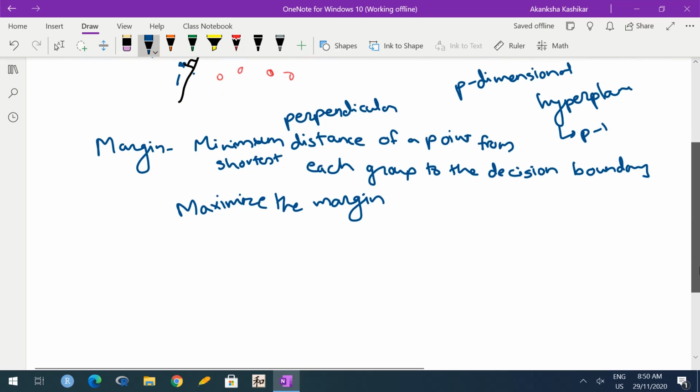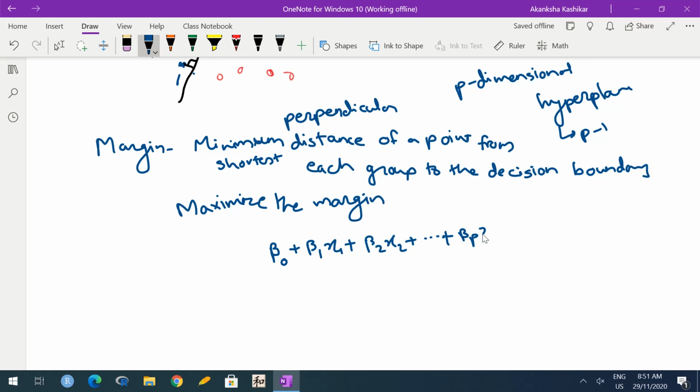Now let us try to formulate this problem mathematically. Whatever we have discussed, let us try to write down in terms of equation. So we said that the separating decision boundary is going to be a hyperplane. So the equation can be written as beta naught plus beta 1 x1 plus beta 2 x2 plus ... plus beta p xp.